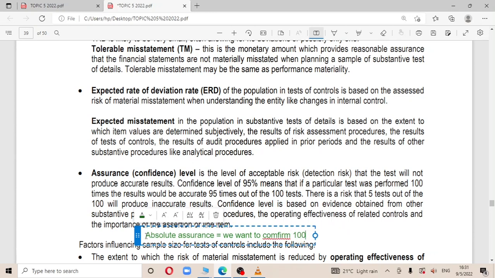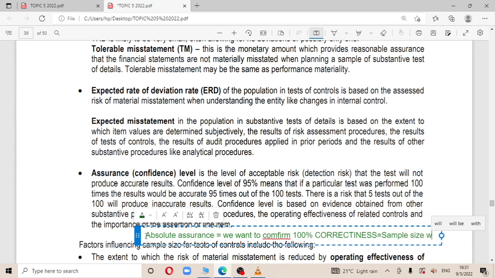For reasonable assurance, the sample, e.g., you want to test correctness up to a certain acceptable level, e.g., 95%.